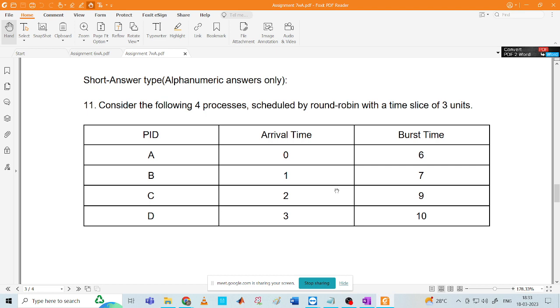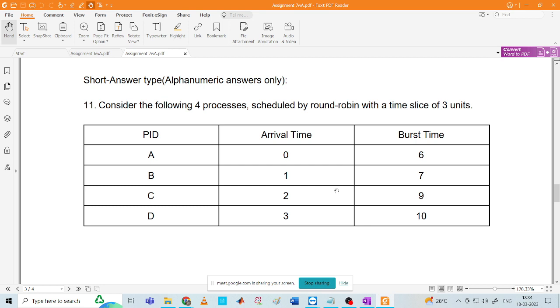C I took till 9, that is 7, 8, 9. Then D till 12 units. Then A has 3 units left, so I took A till 15. Then B till 18, and B will have 1 unit left after 18. A is completed by 15, and C I took till 21, with 3 more units left. Again D I have taken.